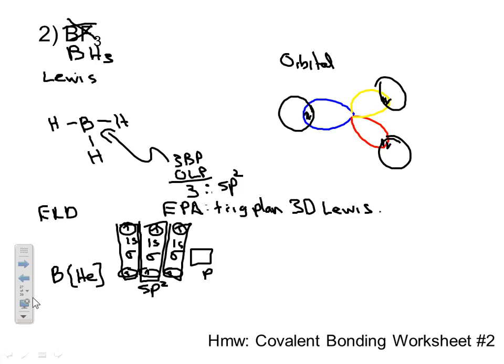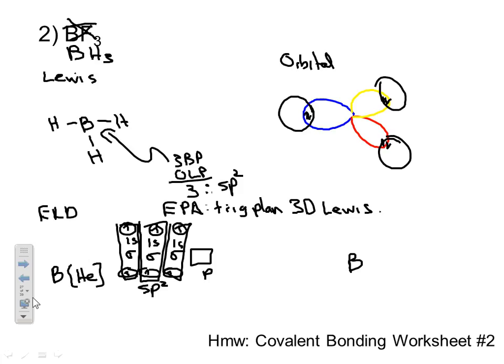And 3D Lewis, the only change we need to make on the 3D Lewis is I can't have these right angles anymore. I have to have a certain angle between them. What's the angle for sp2 hybridization? 120.